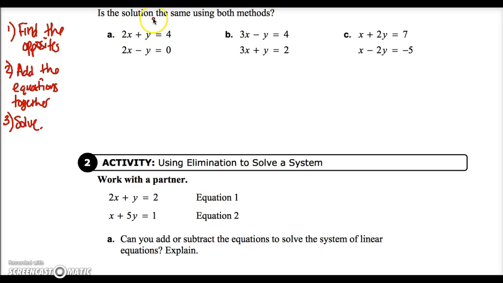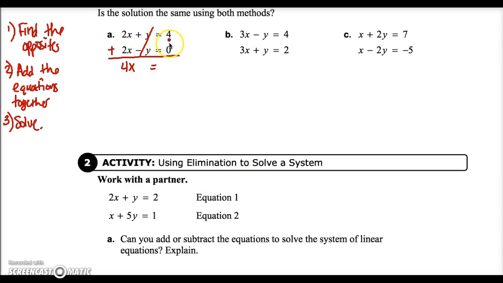So on part A, I've already located our opposites. Those were the y's. So all I'm going to do is add these 2 equations together. 2x plus 2x is 4x. Plus y minus y cancels. That's what we are looking for.